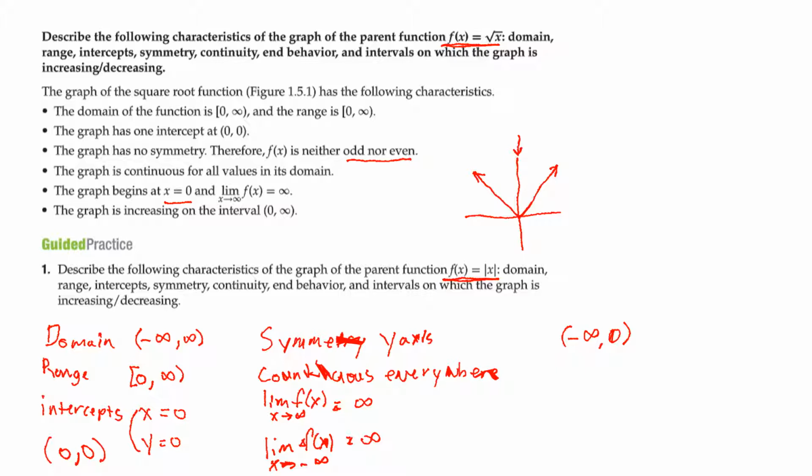The slope at that point is weird because I could draw it this way and I could draw it this way. So I can't say that 0 is increasing or decreasing, but this part is decreasing. And for the other part, from 0 to infinity, it's increasing.